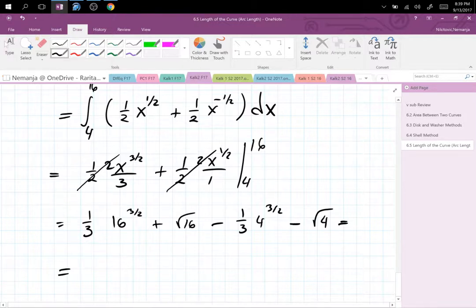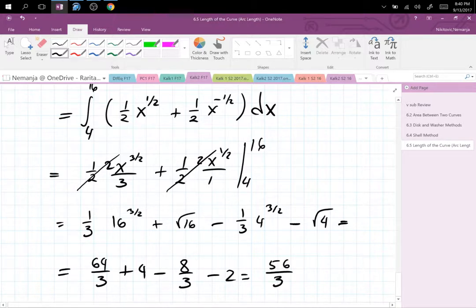So now square root of 16 is 4 times 3 is 64 over 3 plus 4 minus, again, square root of this is 2, 8 over 3 minus 2, these things. So 64 minus 8 gives you 56 over 3. 5 plus 6 is 11. It's not divisible by 3. And then plus 2, which is 6, which means 62 over 3 at the end, I hope.